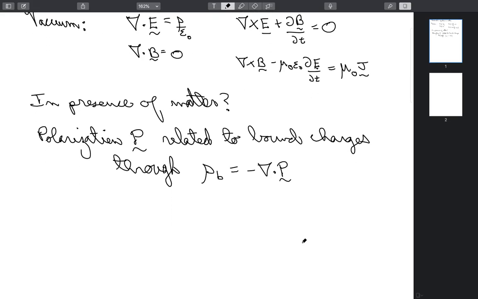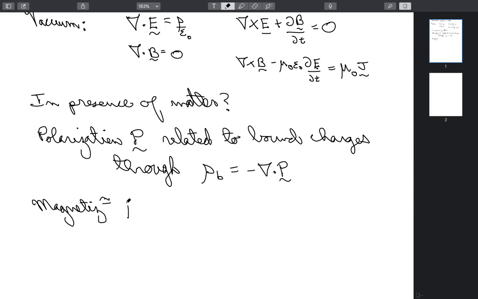Okay? We also had the magnetization, you remember it was the density of dipole moment per unit volume.